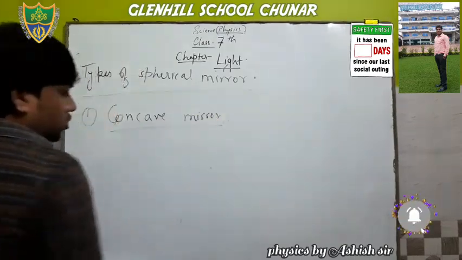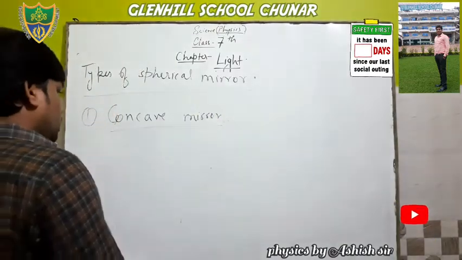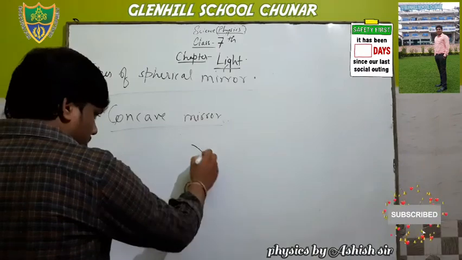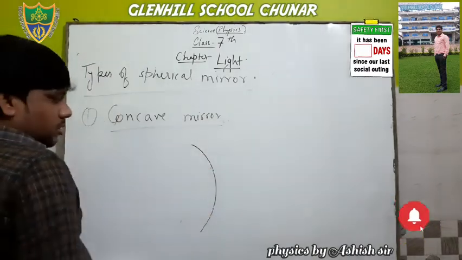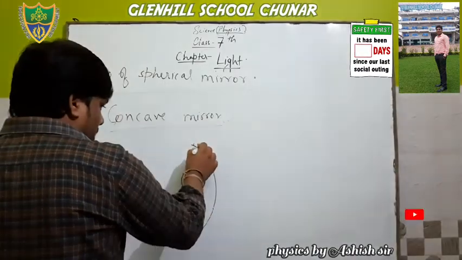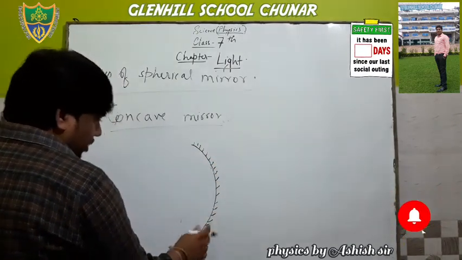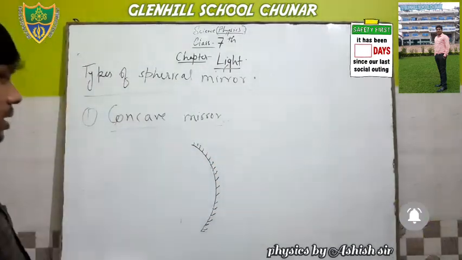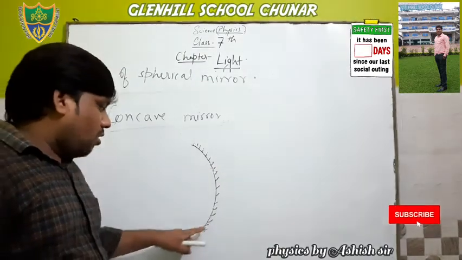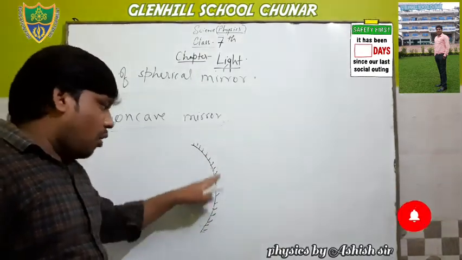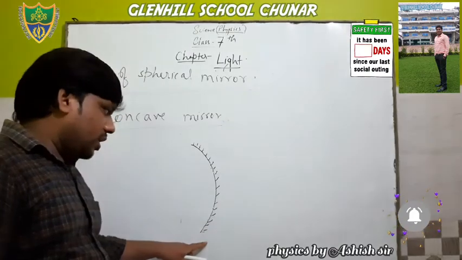First, you draw the concave mirror. The outer, bulging surface of this mirror is painted, polished with silver.